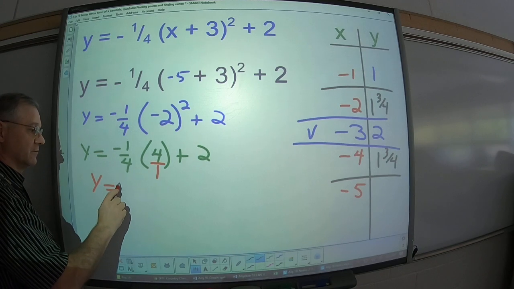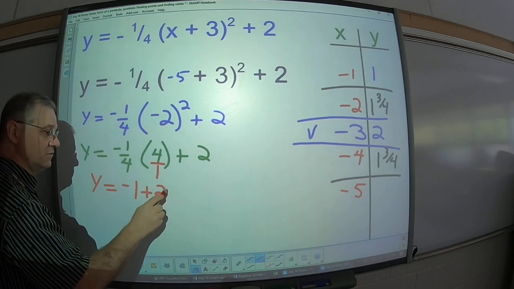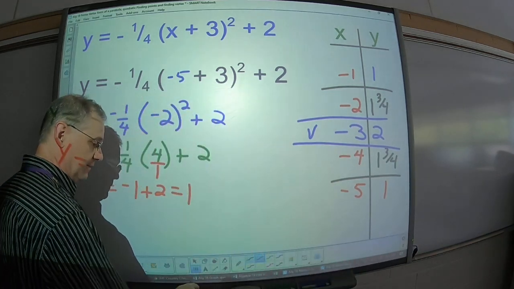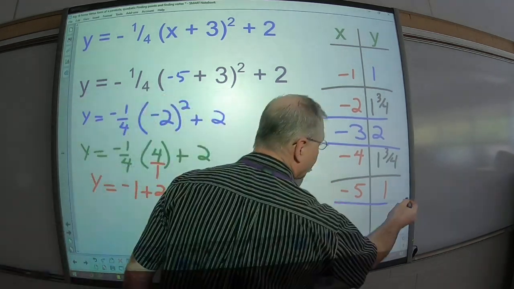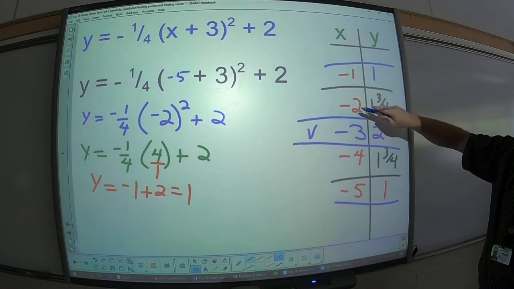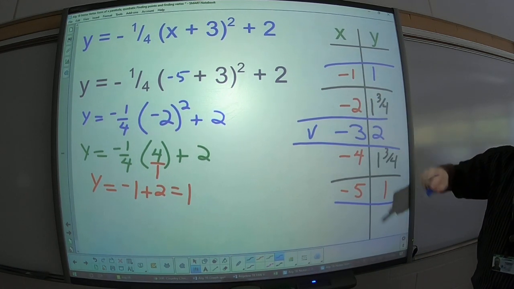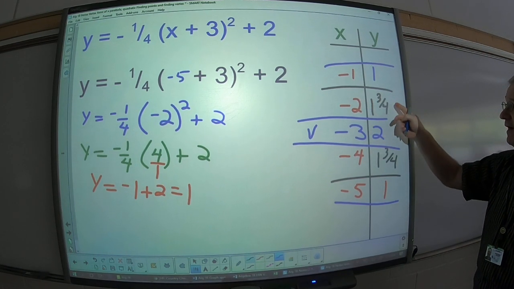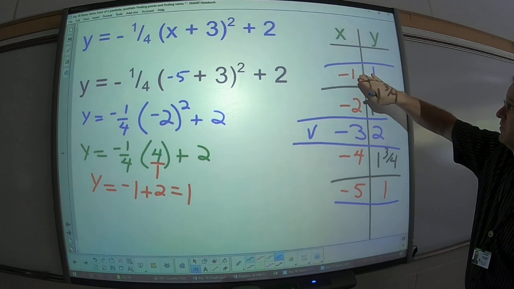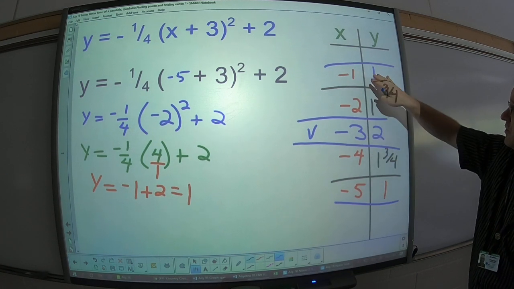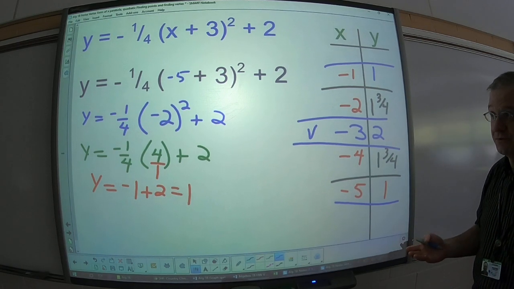We end up with y equals -1 plus 2, or 1. All right, so what have we learned? We've learned that if you only go 1 when 4 is the denominator, it's not enough, and you're going to get fractional answers. If we go 2 from the vertex in either direction, we come up with a nice result.